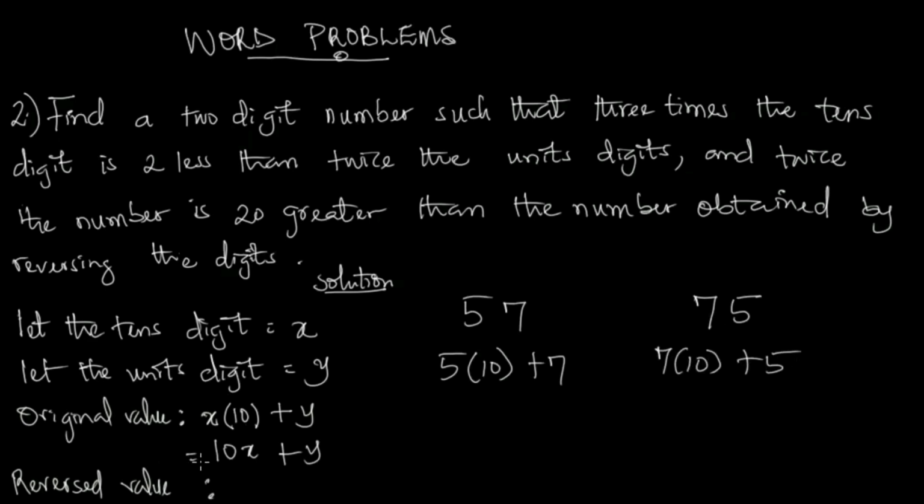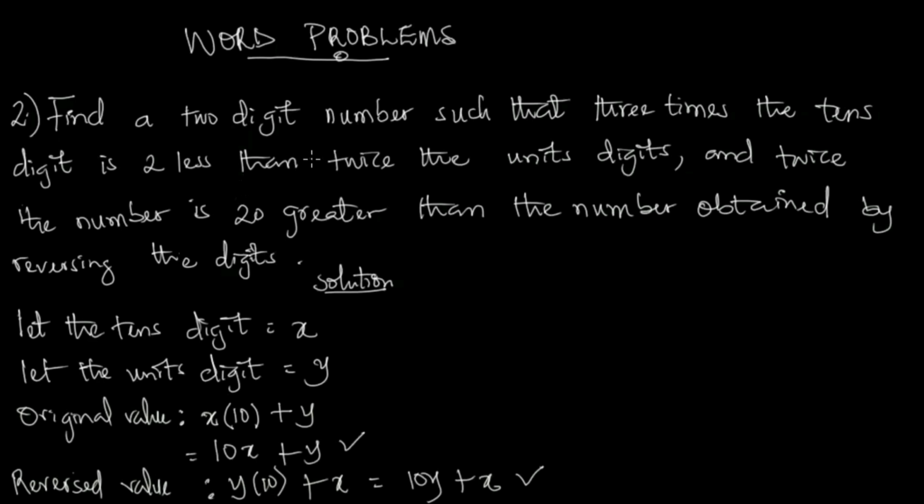So here it's going to be y times 10 plus x, and that is 10y plus x. So this is the original value and this is the reversed value. This should always be your first step. When you know this, you're one step ahead. You're 50% done. Alright, so let's move on with the question.